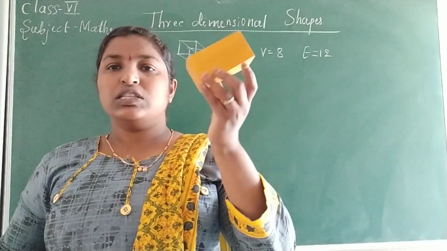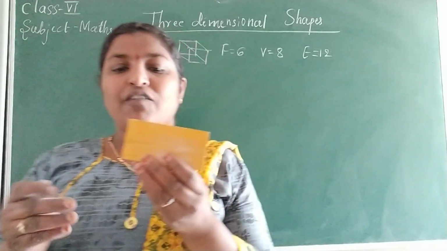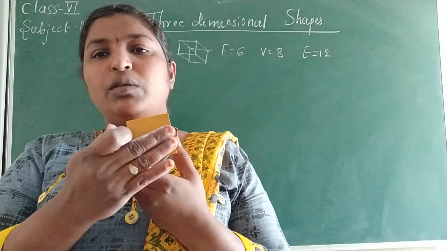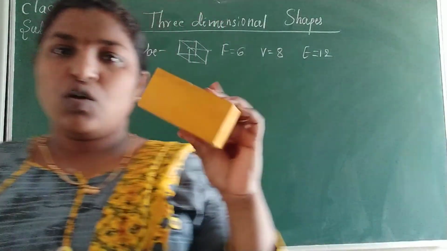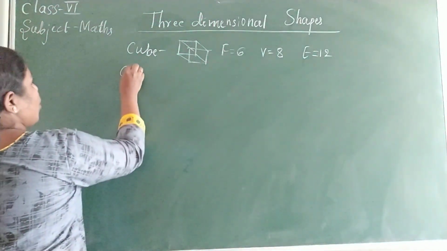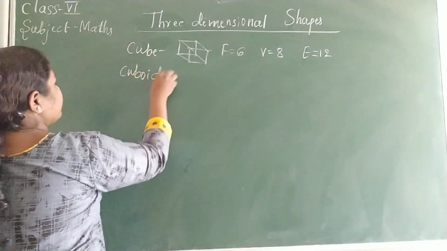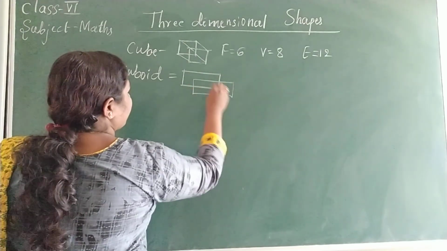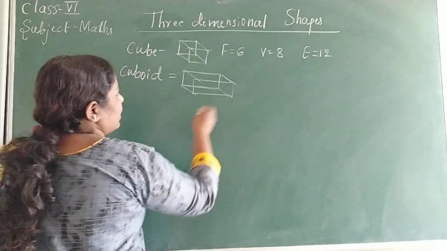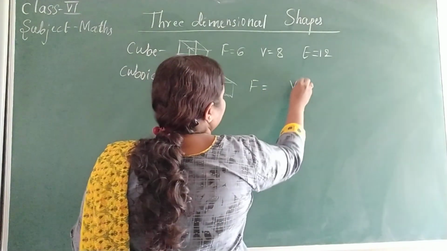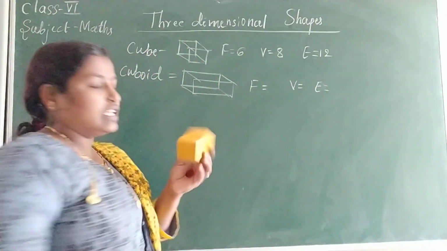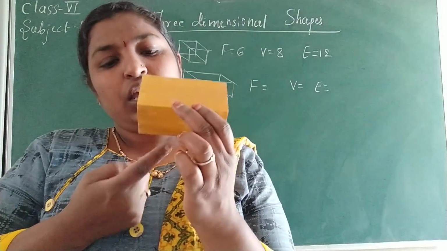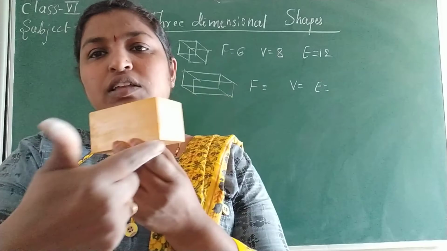Next, after the cube, the cuboid. The cuboid has rectangular faces, 4 faces, and 2 will be square based faces. We will draw this cuboid. Here, faces, vertices, edges. Just see the faces: 1, 2, 3, 4, 5, 6.